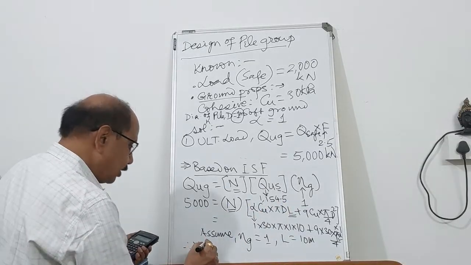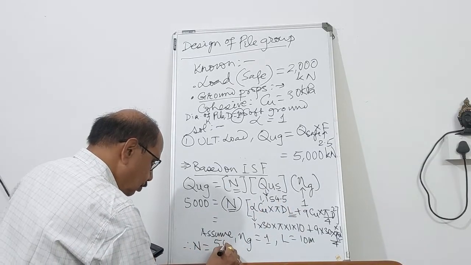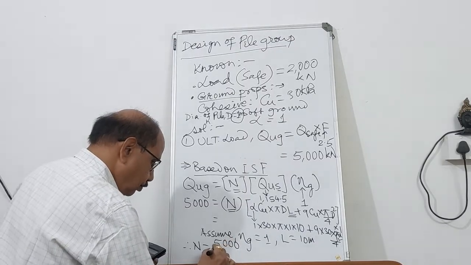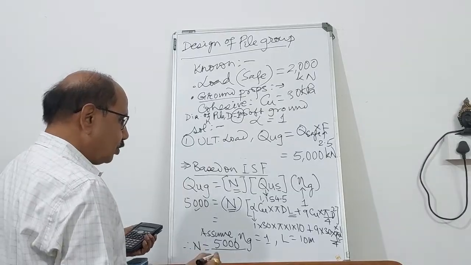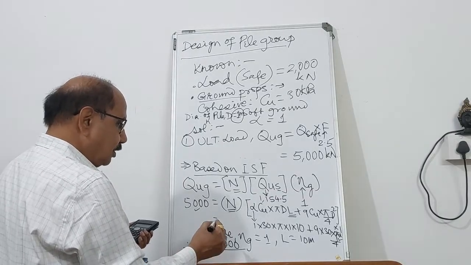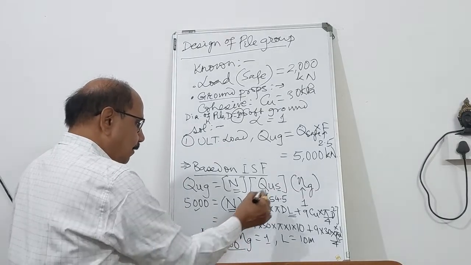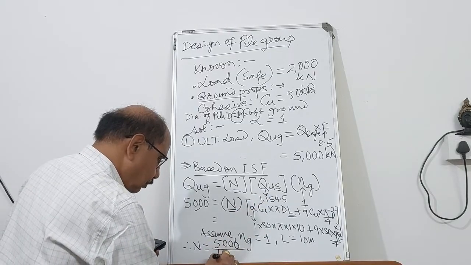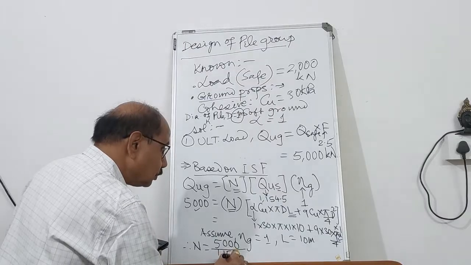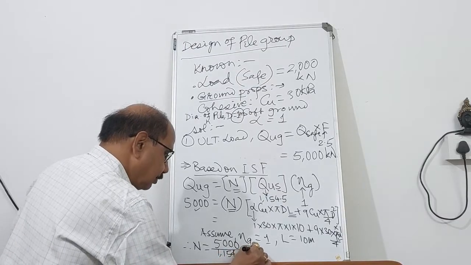Therefore, number of piles equal to 5,000, the ultimate load carrying capacity of the pile group, divided by 1154.5.